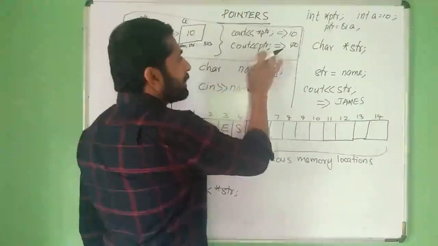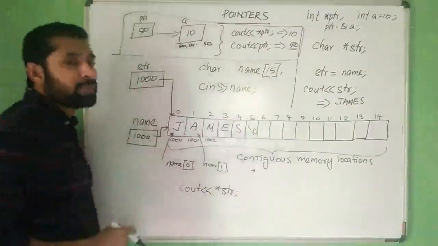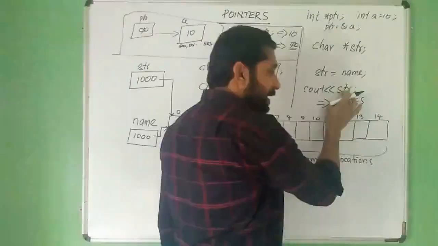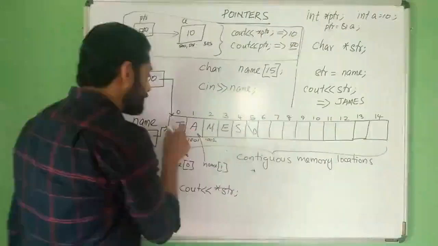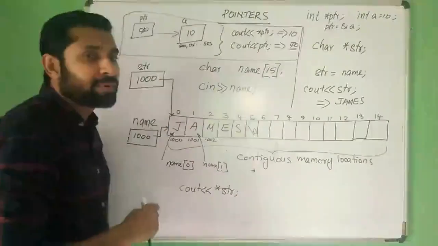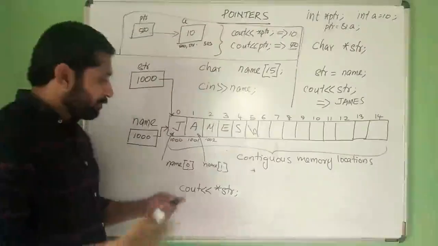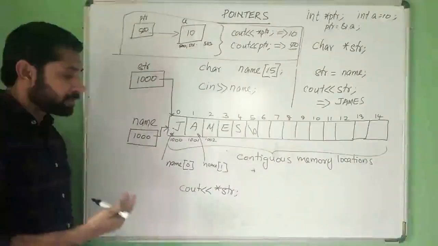Here cout ptr prints the address, the content of that ptr. But here cout str, this is also a character pointer, prints the content of the array or memory location, so James will be printed. So the way they execute is different.